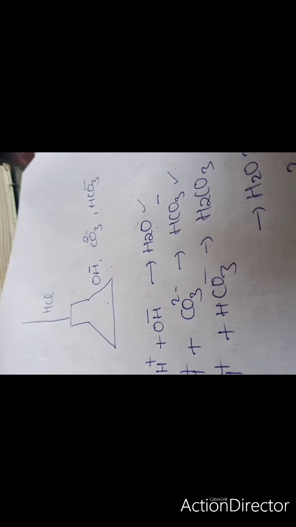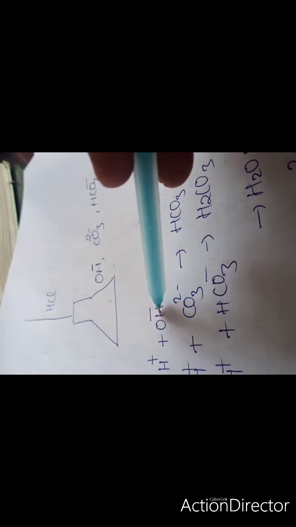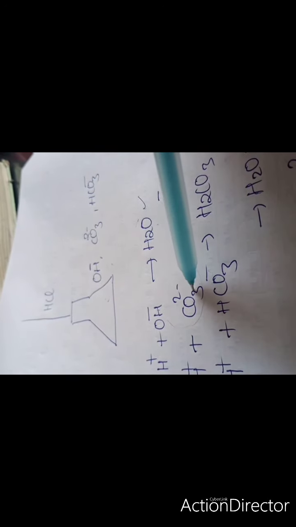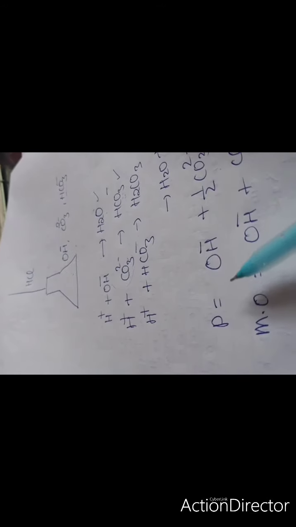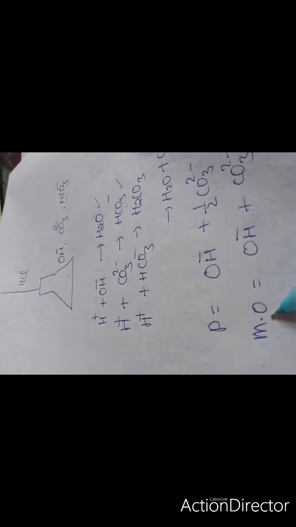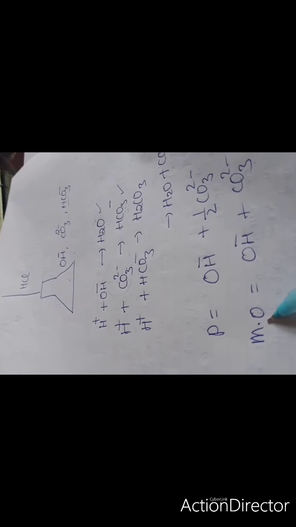At pH 7, these two reactions occur, that is, OH is neutralized and half of the carbonate is neutralized. We are saying half because it is getting converted into bicarbonate, which is again responsible for the alkaline nature of the water. So with P, phenolphthalein as an indicator, you can find out OH and half of the carbonate. But if you want the complete alkaline nature of water, methyl orange has to be used.